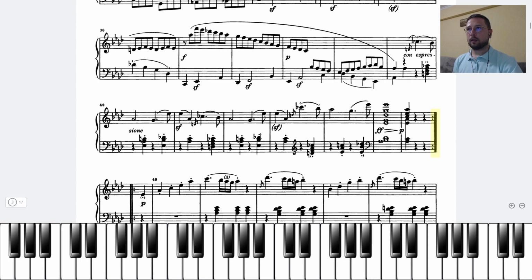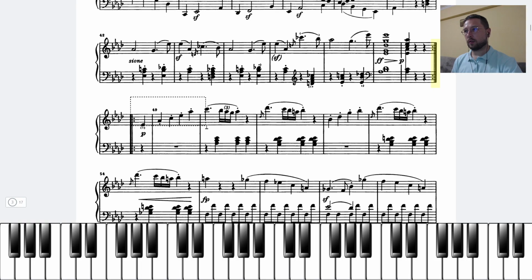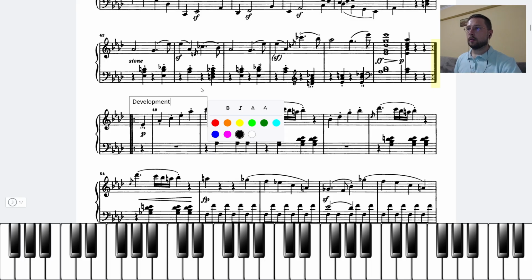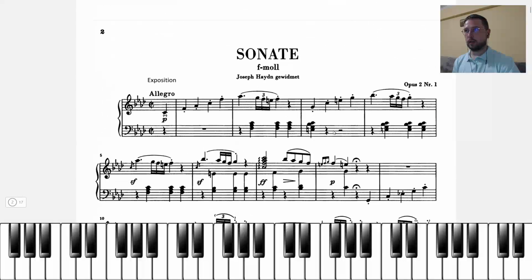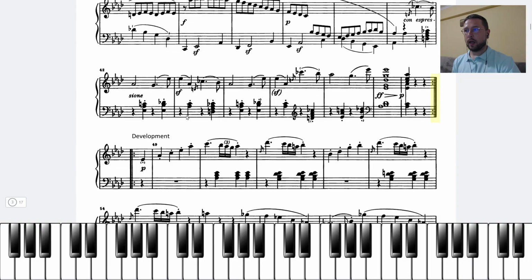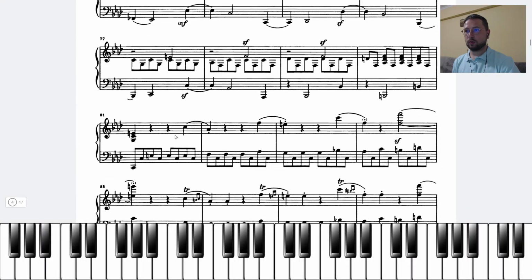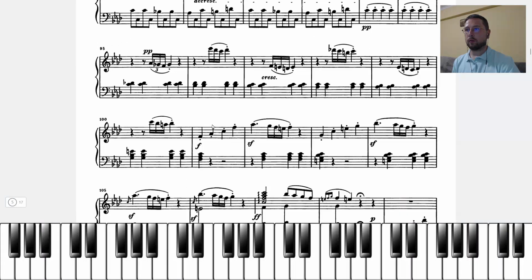And after it, the next section that starts after the repeat bar is called development. So the difference between exposition and development is self-explanatory. The development is developing or building upon previous materials, whereas the exposition, in essence, should be presenting the materials for the first time. So once that happens, we're usually facing a recapitulation.